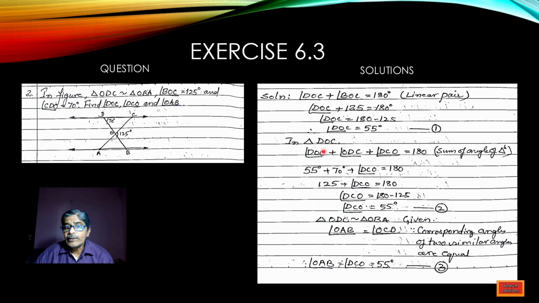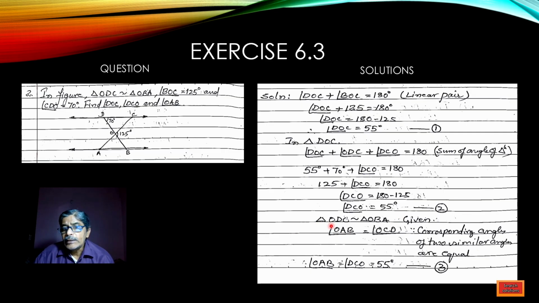So in triangle DOC, DOC plus ODC plus DCO is equal to 180 degrees, because the sum of angles of a triangle is equal to 180 degrees. So we know 55 degrees and 70 degrees also we know. Hence, we can find out DCO as 55 degrees, and we will call it 2.